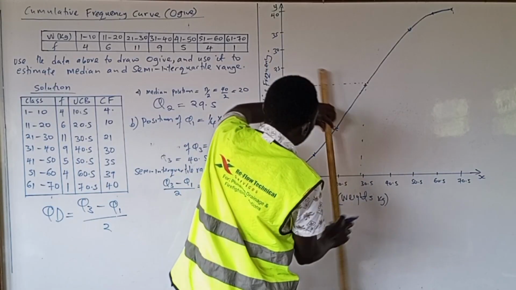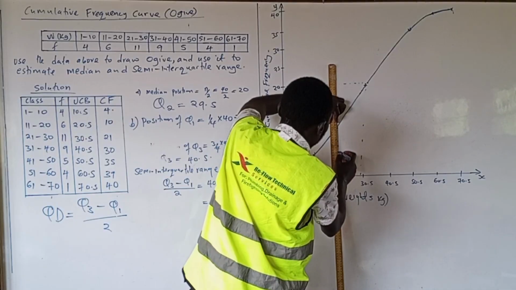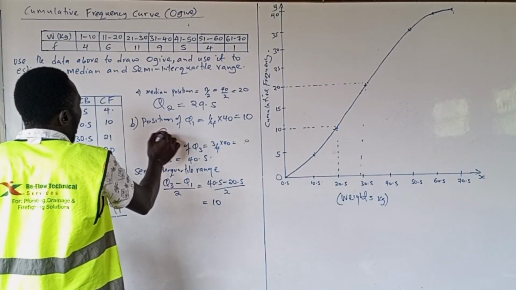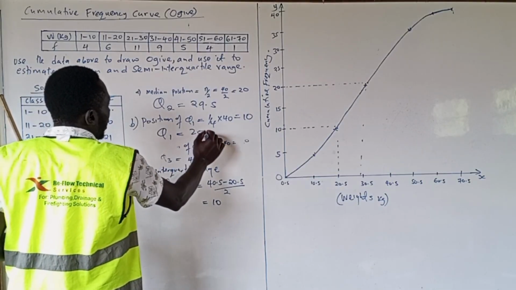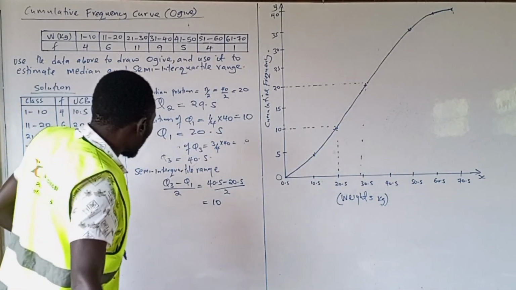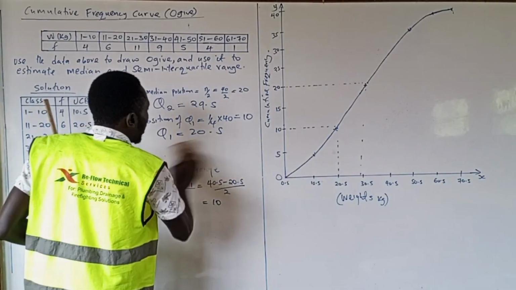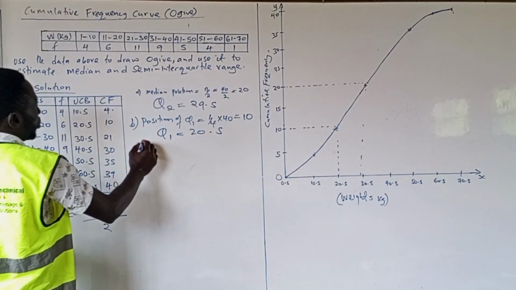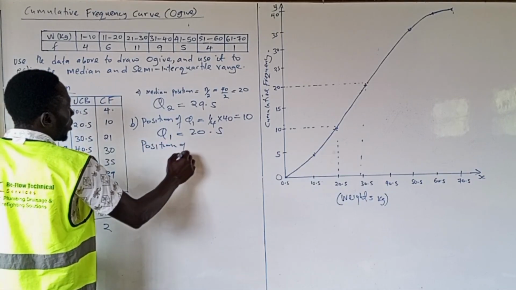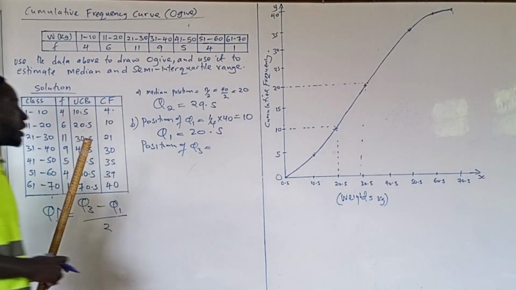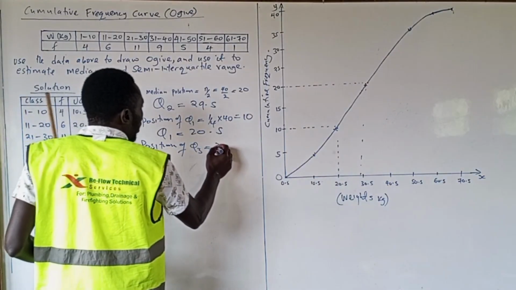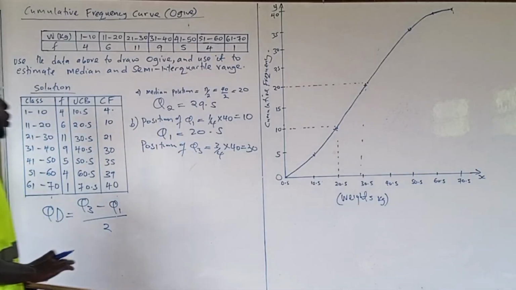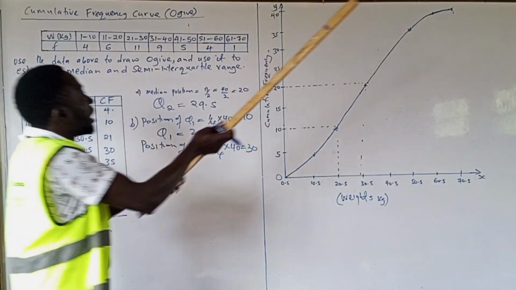When you do that, you get Q1 as 20.5. Then you go to Q3. Position of Q3 is the last quarter, which is 3 over 4 times 40, you get 30. You go to where 30 is in your graph.